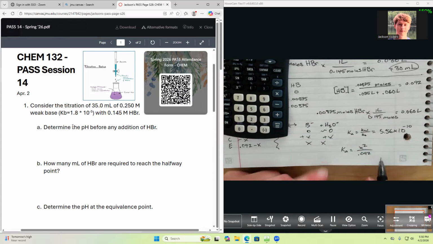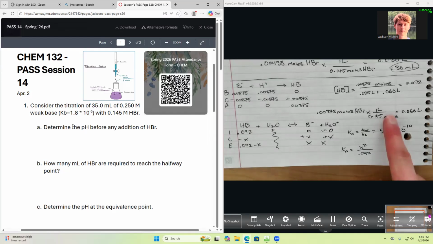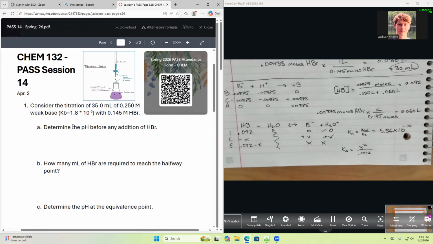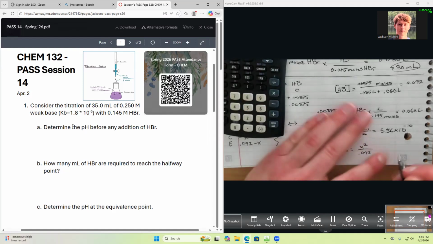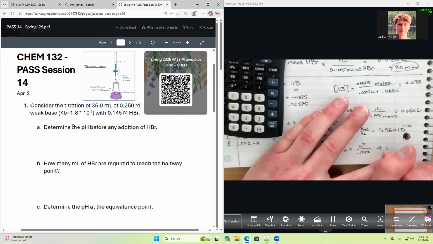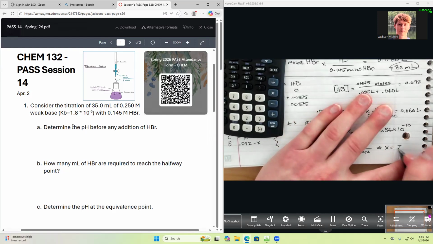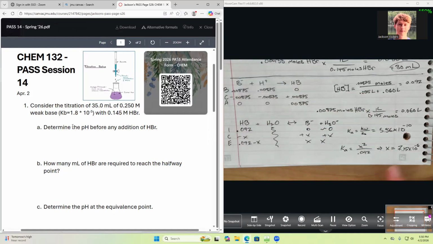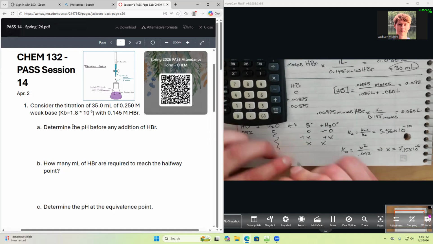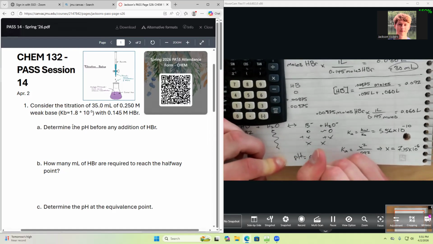And we don't want that minus x because it's small enough. I'm going to multiply this by 0.092, take the square root. We get an x value of 7.15 times 10 to the minus 6. We're going to do the negative log of that. We get a pH of 5.15.